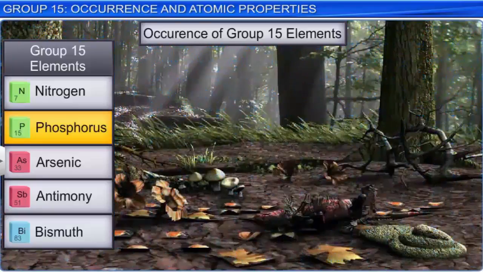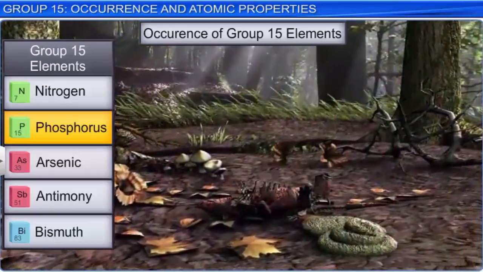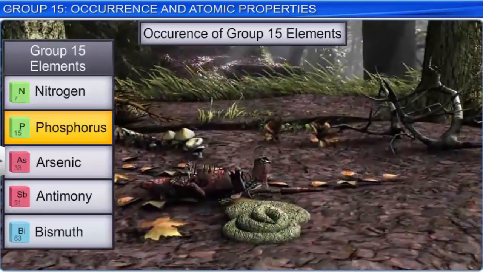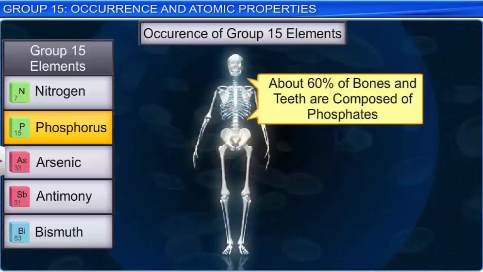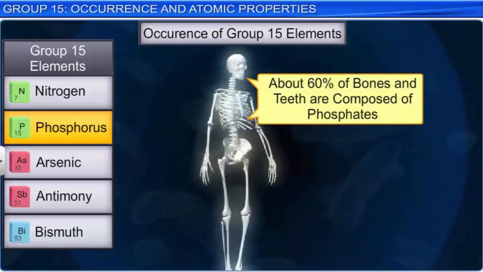Phosphorus is an essential constituent of plant and animal matter. Phosphate groups are among the important constituents of nucleic acids, that is, DNA and RNA. About 60% of bones and teeth are composed of phosphates.